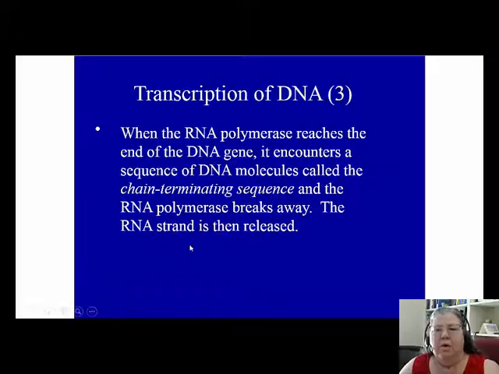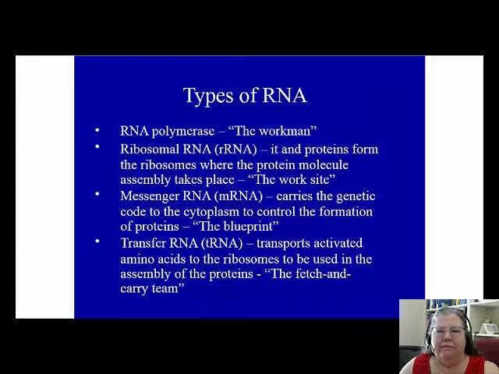When the RNA polymerase gets to the end of the gene, it finds another sequence of DNA called the chain terminating sequence, and it breaks away, releasing the RNA.